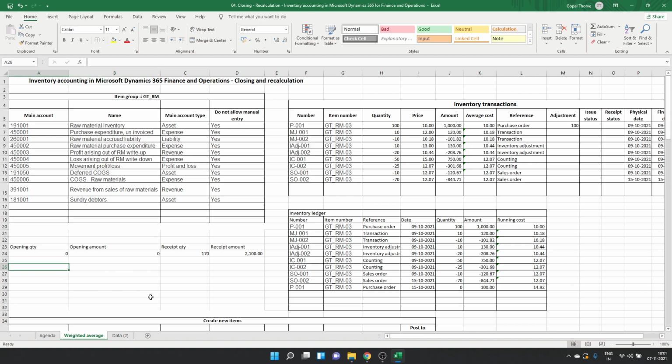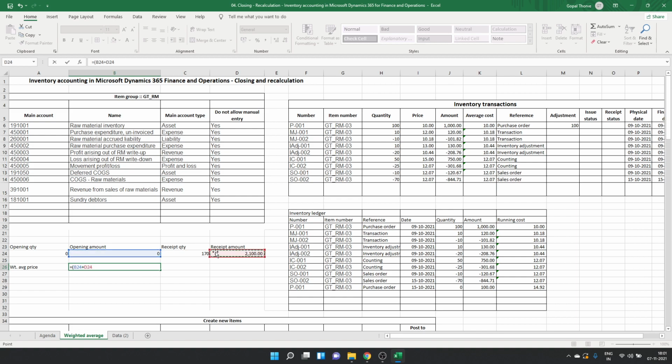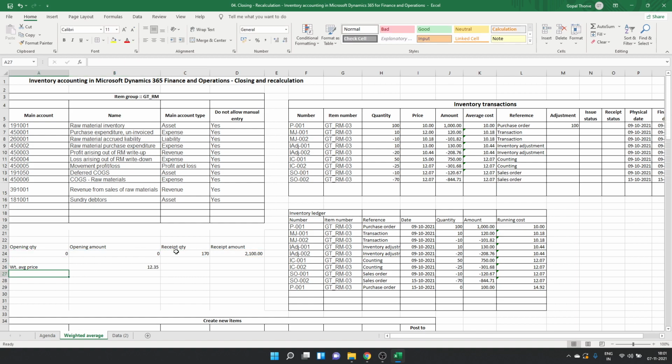Now what is my weighted average? It is my opening amount plus receipt amount divided by opening quantity plus receipt quantity. So 12.35 is my weighted average price.